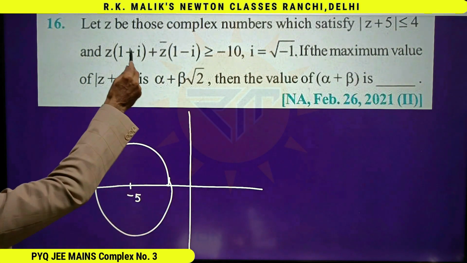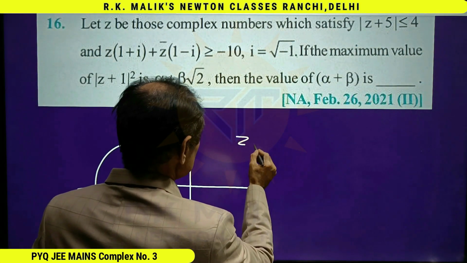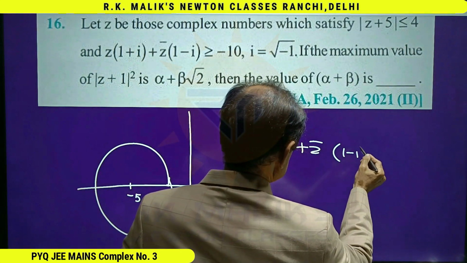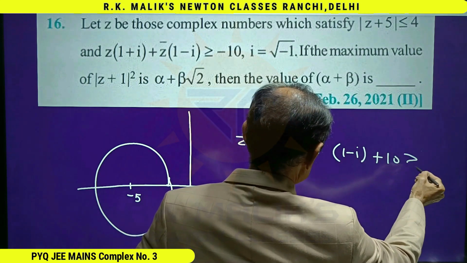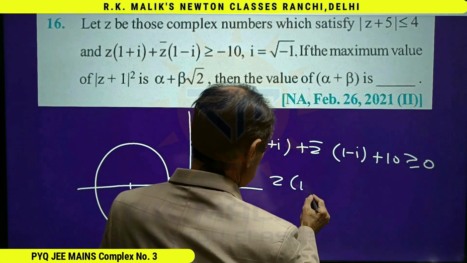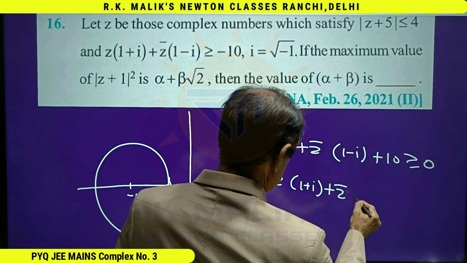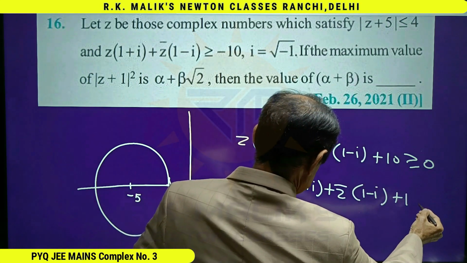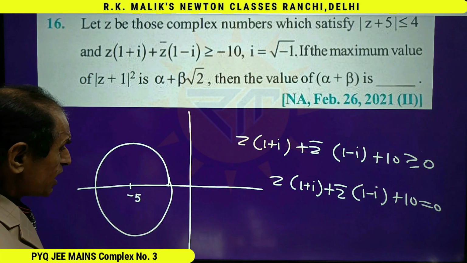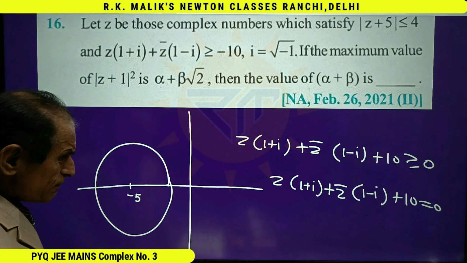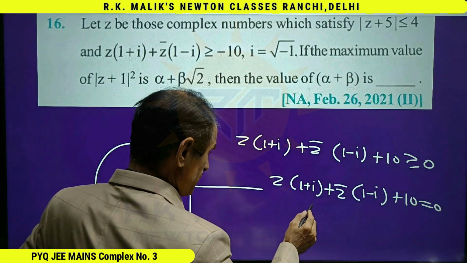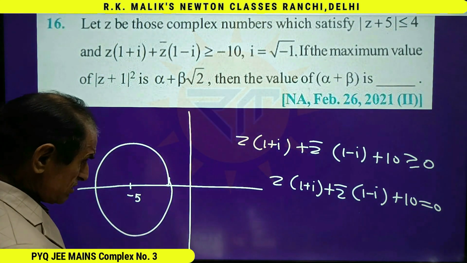And this can be written as z into 1 plus i plus z bar into 1 minus i plus 10 greater than or equal to 0. First thing, z into 1 plus i plus z bar into 1 minus i plus 10 equal to 0 represents a line, and to find the points where the line cuts the x-axis and y-axis, for z bar write z, and the value of z will be the point where the line cuts the x-axis.